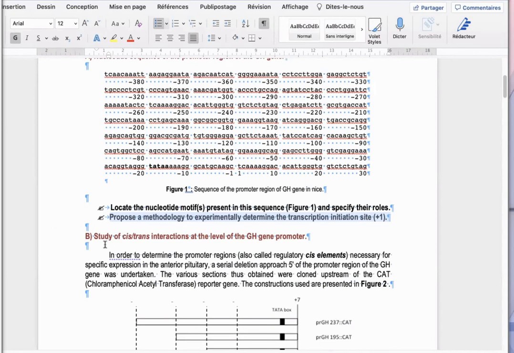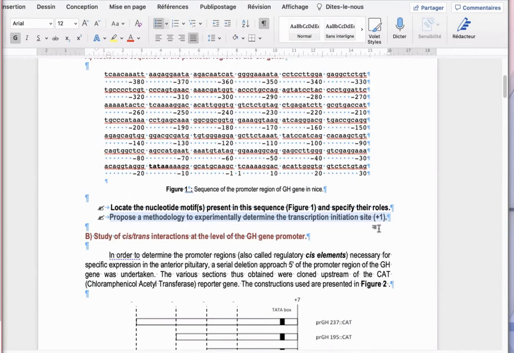Have you ever heard about the strategy and the methodology to determine the transcription initiation site experimentally? You can tell me, it's not a problem if you don't know. I'm not sure if I know.